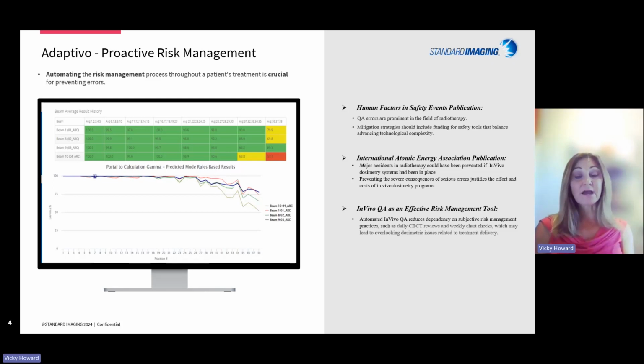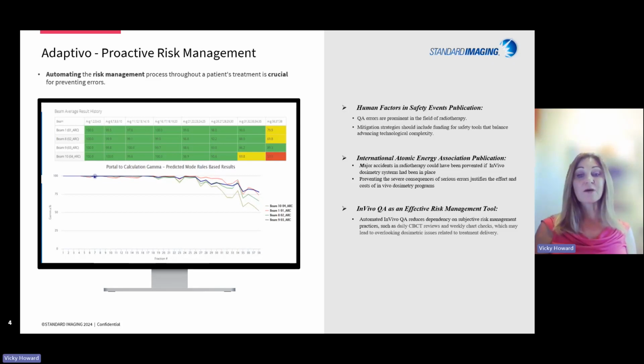I know from my time in the clinic, both as a physics supervisor and a department manager, things happened and good people can make mistakes. Smart people can make mistakes. And even when you have all sorts of checklists and training in place, there is a human factor, and that's something that really needs to be considered and try to automate these processes to reduce that human factor.